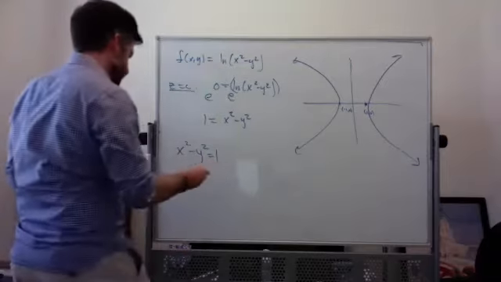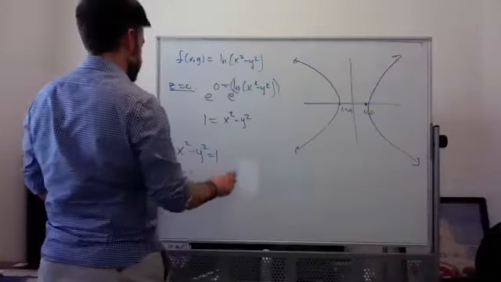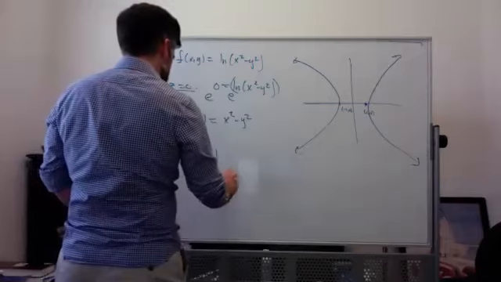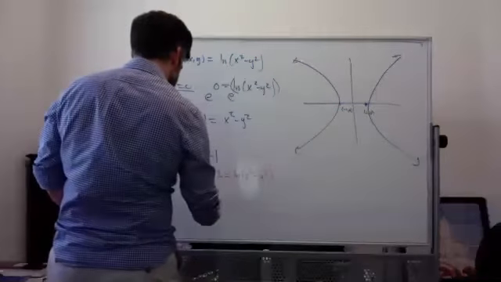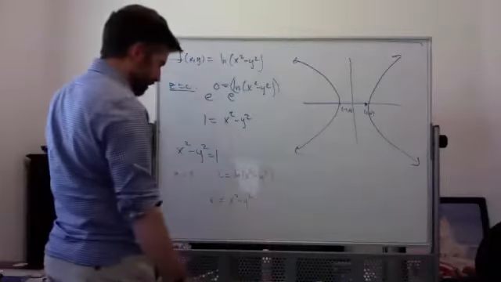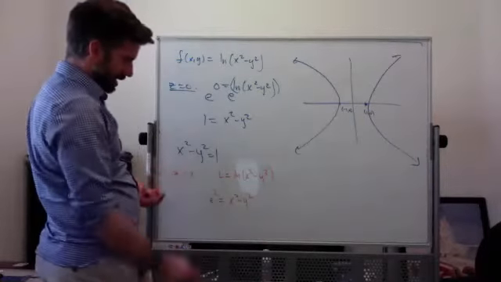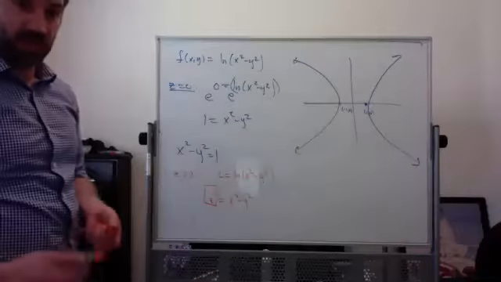Yeah, for z equal to 2, I'm going to get 2 equal to the natural log of x squared minus y squared. So e to the second equals x squared minus y squared. So x squared minus y squared equals e squared. That's just a number. It's still going to be a hyperbola. It's the same sort of equation.